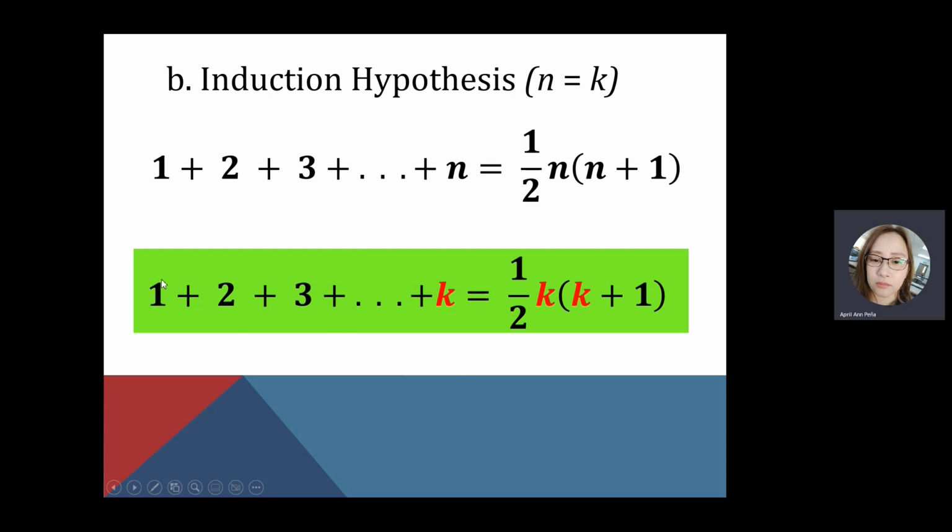As you can see, the 1 plus 2 plus 3 plus the ellipsis plus were actually copied from the given. Then the rest also, making n into k. So that is the induction hypothesis. Next.